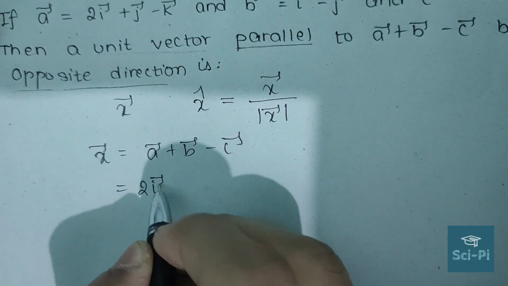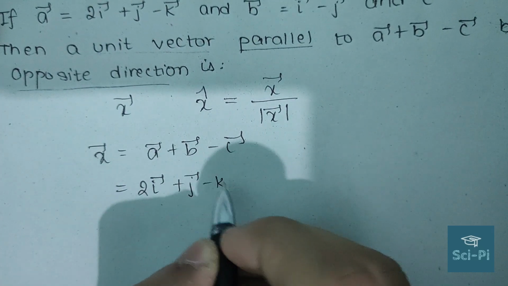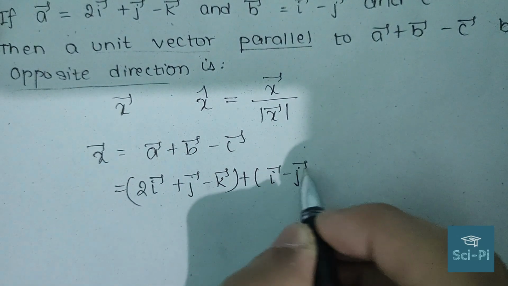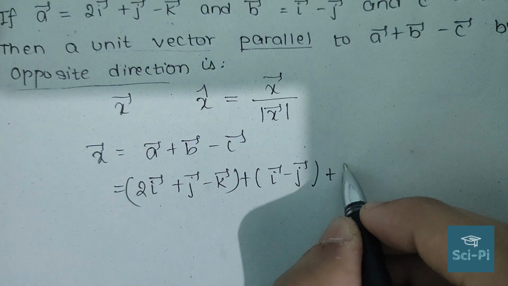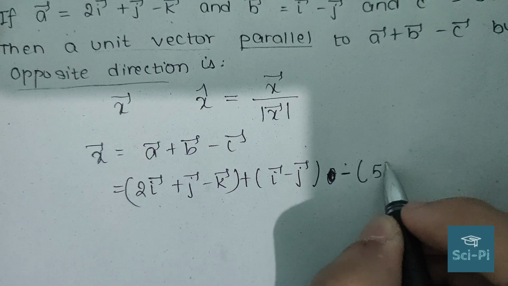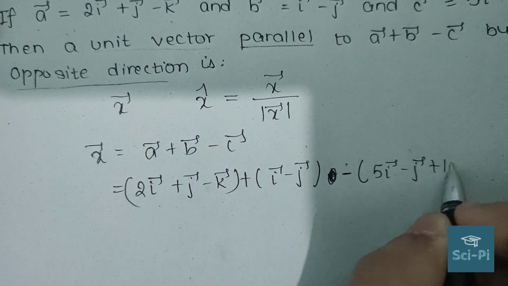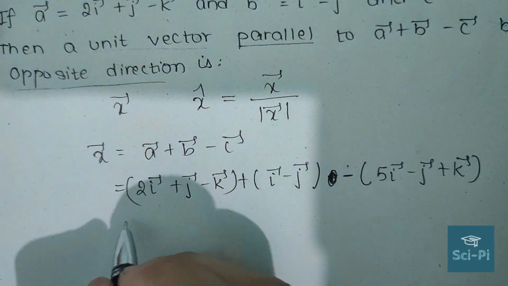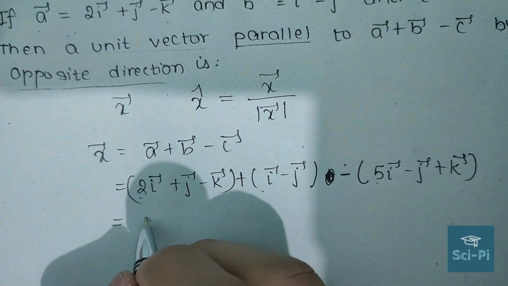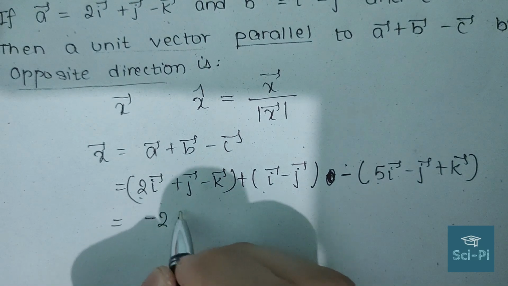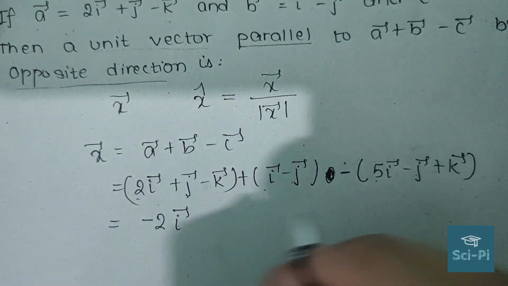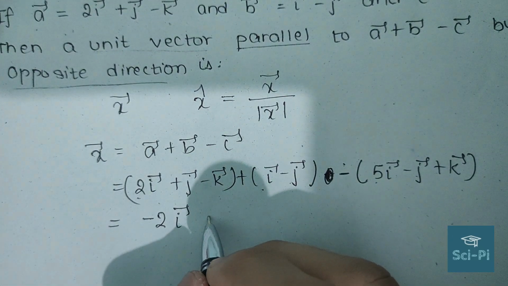Let's write down. A is given to be 2i plus j minus k. B is given to be i minus j. And c is given here, sorry, it's negative. C is given to be 5i minus j vector plus k vector. Now let's just add the like terms. 2 plus 1 is 3, minus 5 would be minus 2i vector. 1 minus 1 is 0, and plus 1 would be 1.